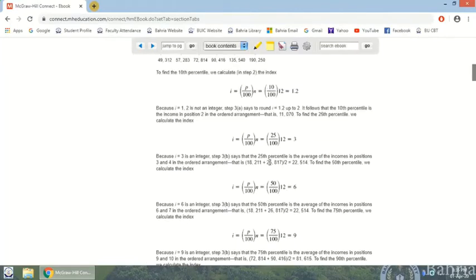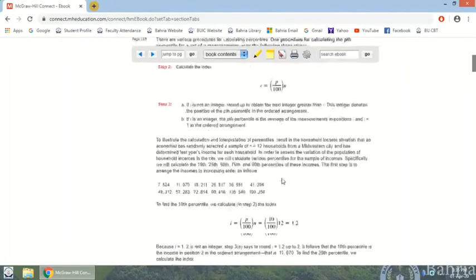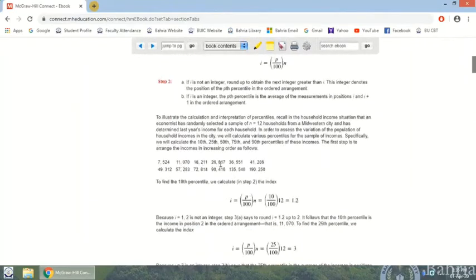Now, I think they have made a mistake in one of the calculations here. This is the 50th percentile, so this is the 6th household. You can just make a correction in this data. So this is 3, 4, 5, and 6.